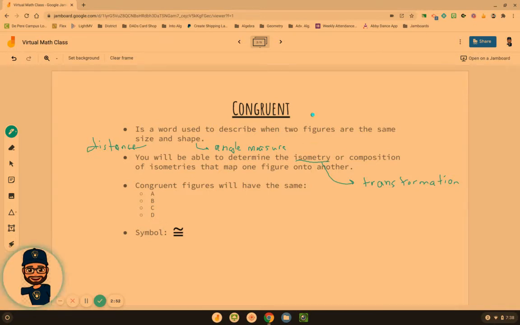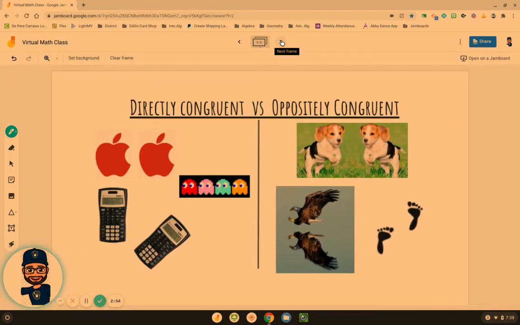Now, when we look at congruency, we have two different types: directly congruent versus oppositely congruent. Directly versus oppositely. Ironically enough, this kind of looks like our orientation from last chapter.